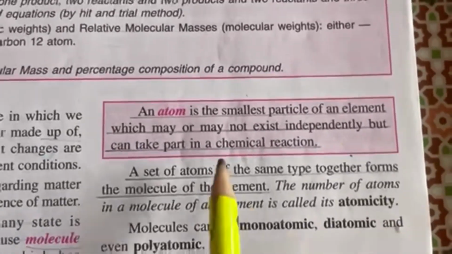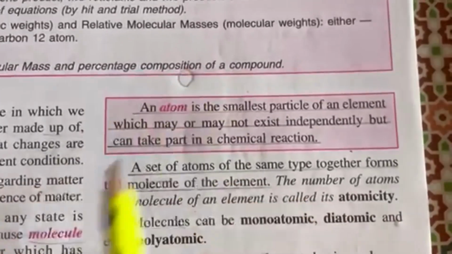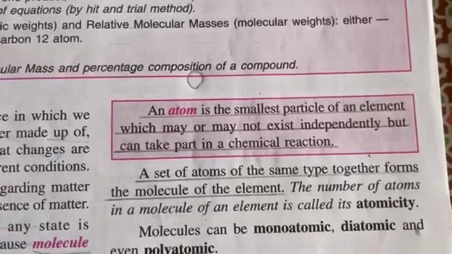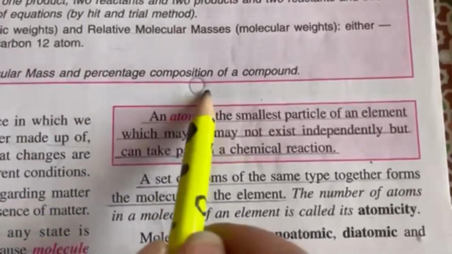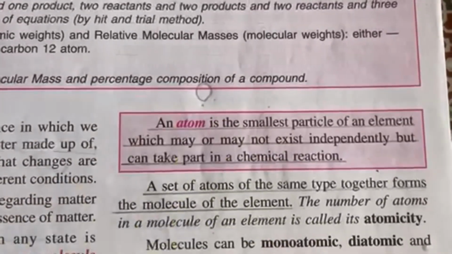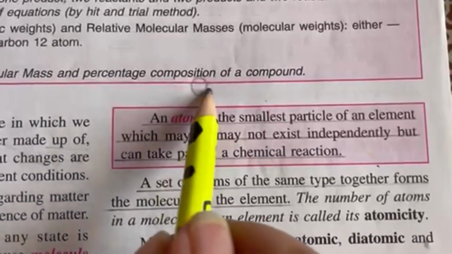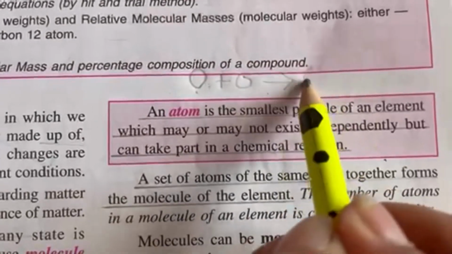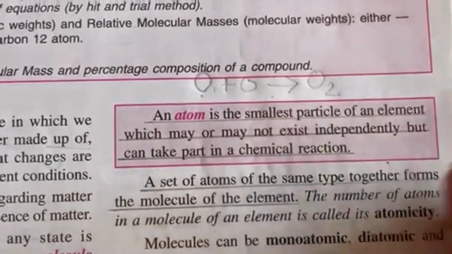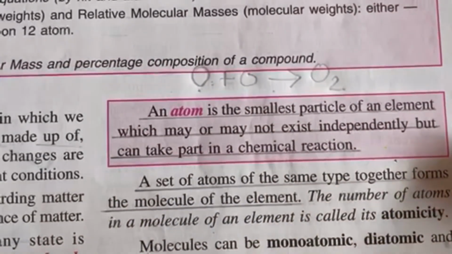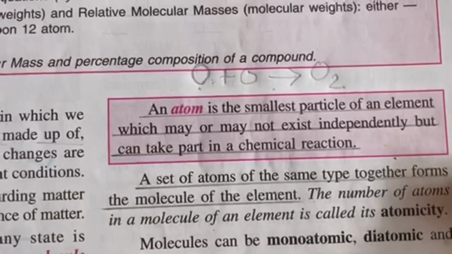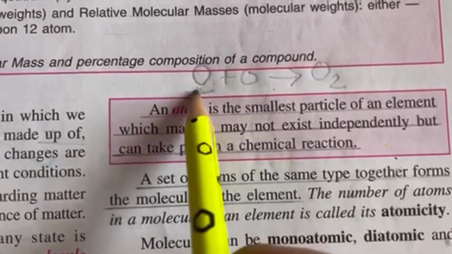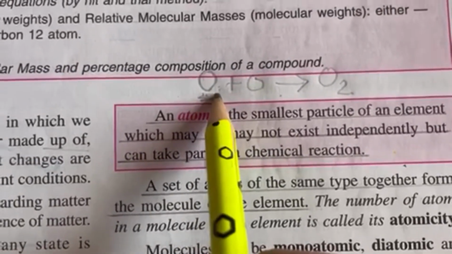For example, if I just write O, we cannot call it oxygen gas. It is an oxygen atom. It cannot exist independently. Two atoms must come together to form oxygen gas. So in this case, it cannot exist independently. It becomes just an atom of oxygen.